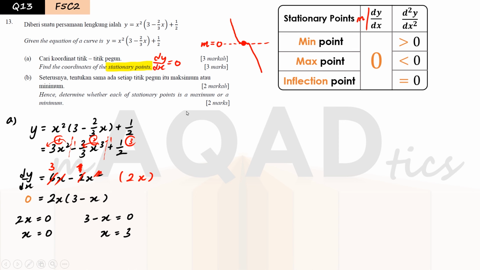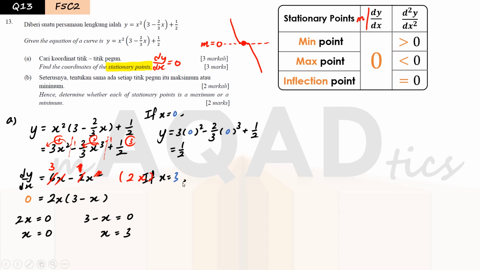Okay, so now we are trying to find the coordinates of the stationary points, right? So now we have the x coordinate already. So now we need to find out the y coordinate. Okay, so what we need to do, very simple. We are just going to use the x values that we have and then substitute inside the equation, the curve's equation. Okay, so if x equals to 0, so basically all the x will become 0 and we can find the y coordinate, which is 1 over 2.